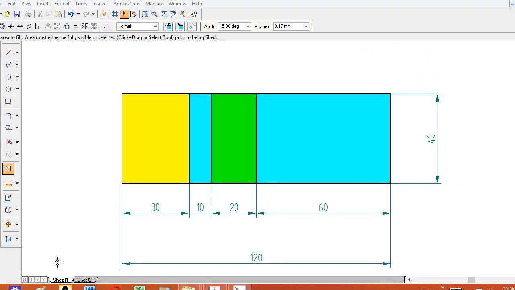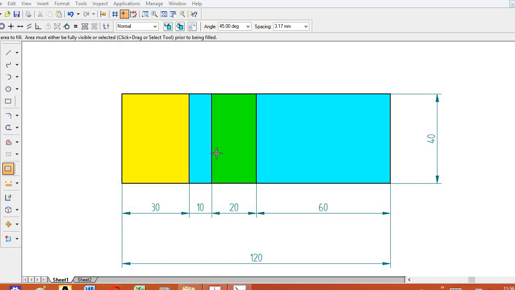In order to draw the displacement diagram, we have to mark from the left side. So from this point you start and measure 30 mm or 3 centimeters. This is the yellow color portion, which is for the angle of ascent, and similarly the blue color line is for the first dwell, that is 1 centimeter.